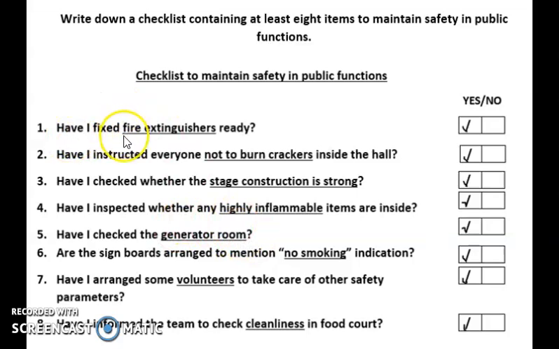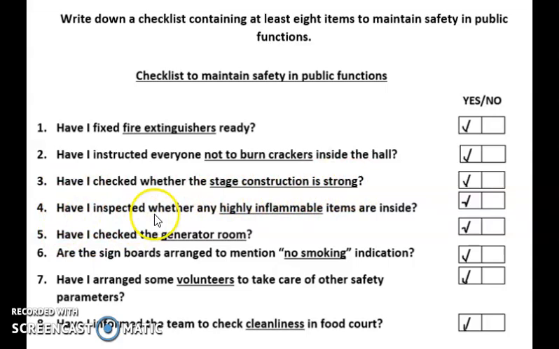Have I fixed? So I'm using here the present perfect tense. Have I fixed? So I use the pronoun, then the third form of the verb since it is present perfect, and the keywords. Have I fixed fire extinguishers ready? Have I instructed everyone not to burn crackers inside the hall? Have I checked whether the stage construction is strong?